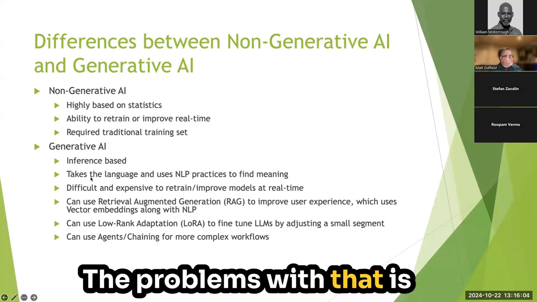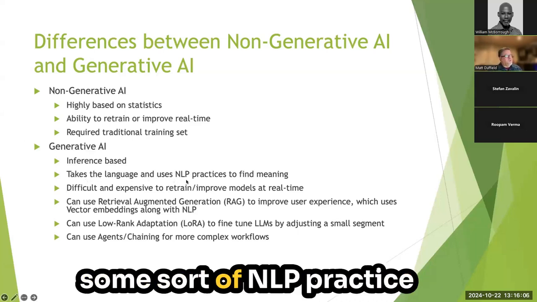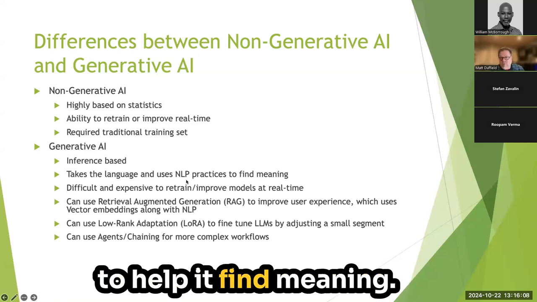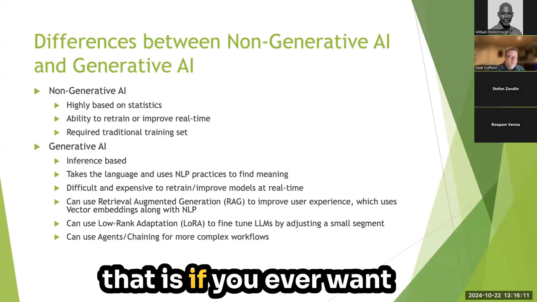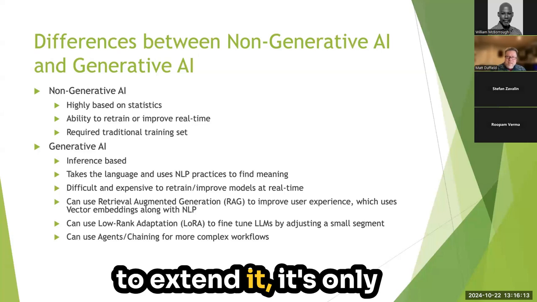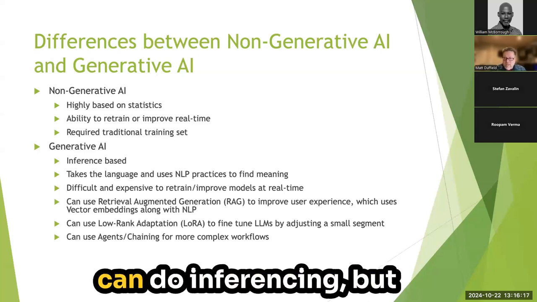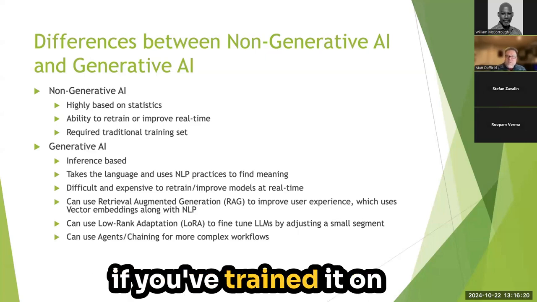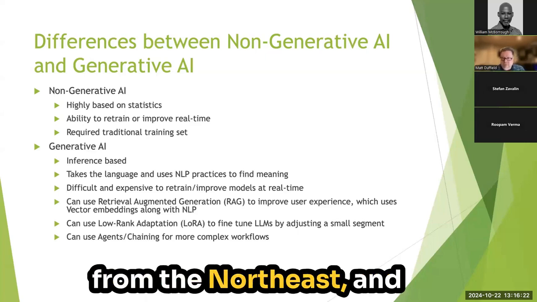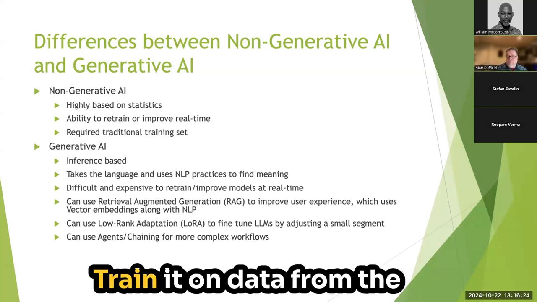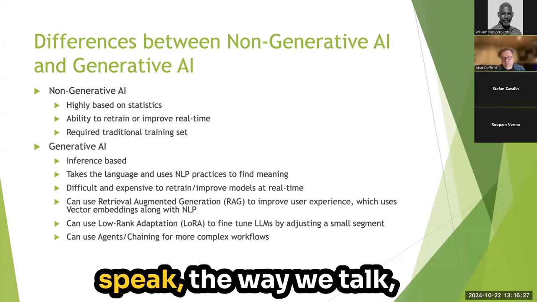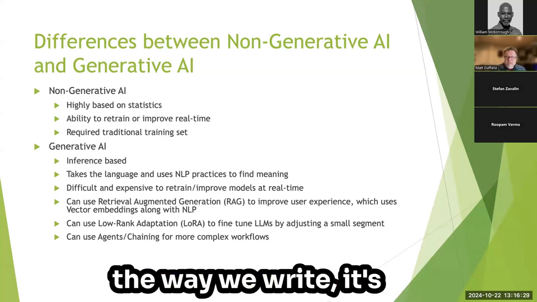The problem with that is that you still need to have some sort of NLP practice to help it find meaning. What I mean by that is, if you ever want to extend it, it's only good on the language and the base that it was trained on, and it can do inferencing. But if you've trained it only on data that comes from the Northeast, and now you want to train it on data from the Southeast, the way we speak, the way we talk, the way we write is completely different.